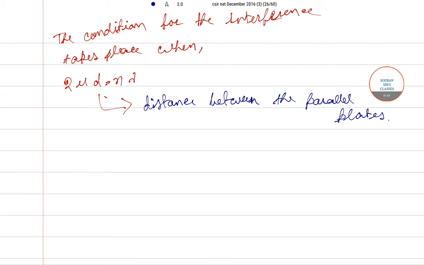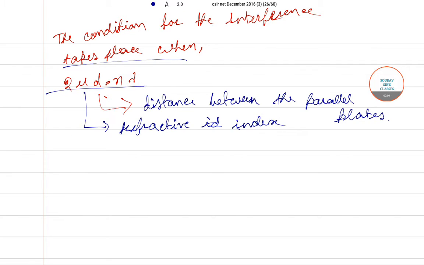So this interference takes place when this condition is satisfied: 2 mu d equals n lambda.